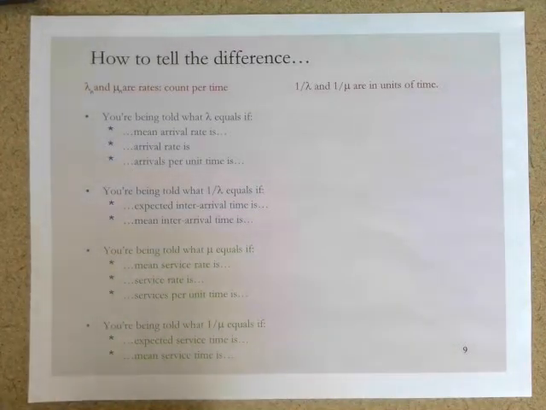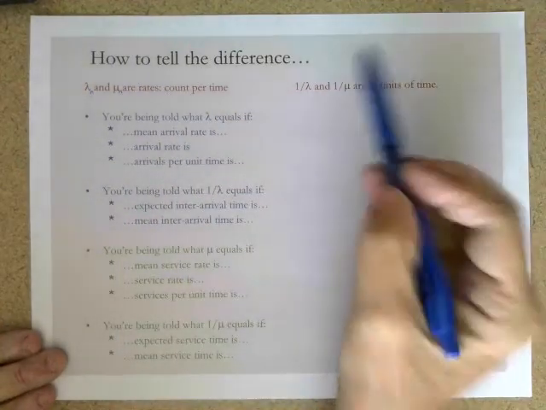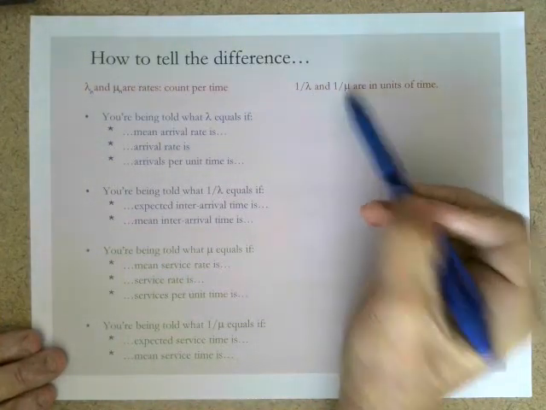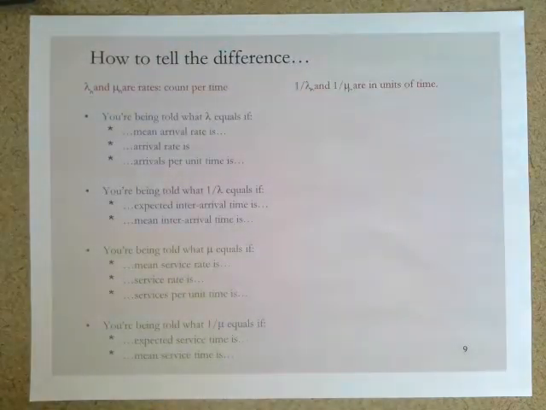So when we say we have a lambda of 2 customers per hour, or a mu of 6.5 customers per day, that is always something per unit time. 1 over lambda and 1 over mu, or for that matter, 1 over lambda n and 1 over mu n, would be just units of time.